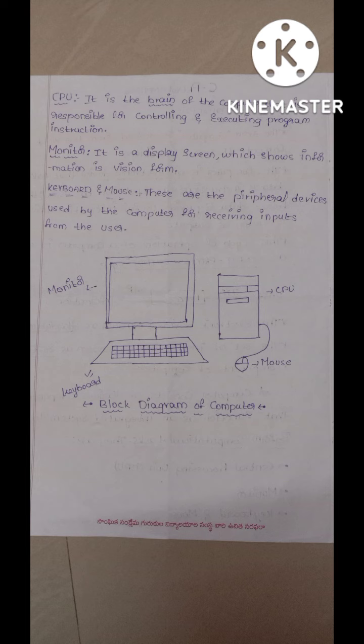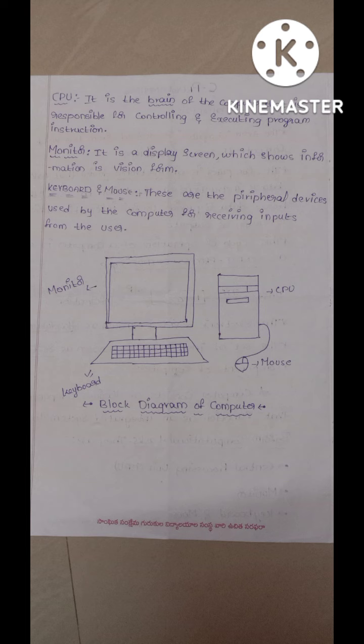Moving forward, the monitor is a display screen which shows information in visual form. As we are giving the input or taking the output, we can see it on the monitor. It is used as a display screen for the users. Keyboard and mouse are peripheral devices used by the computer for receiving inputs from the user.